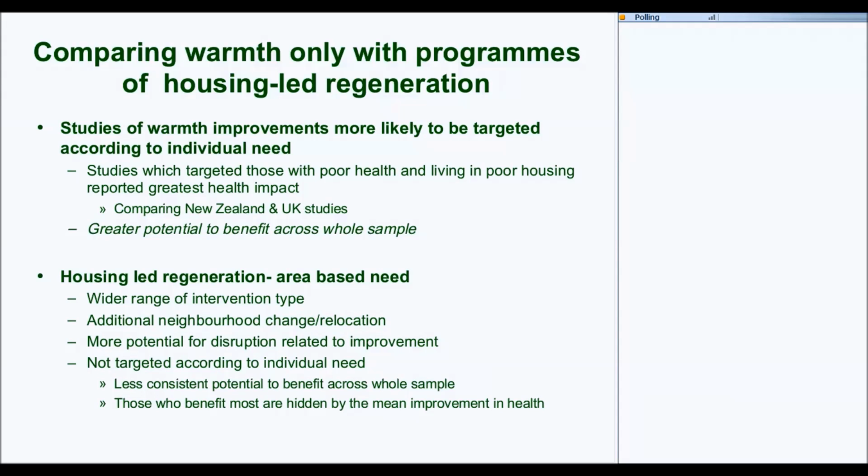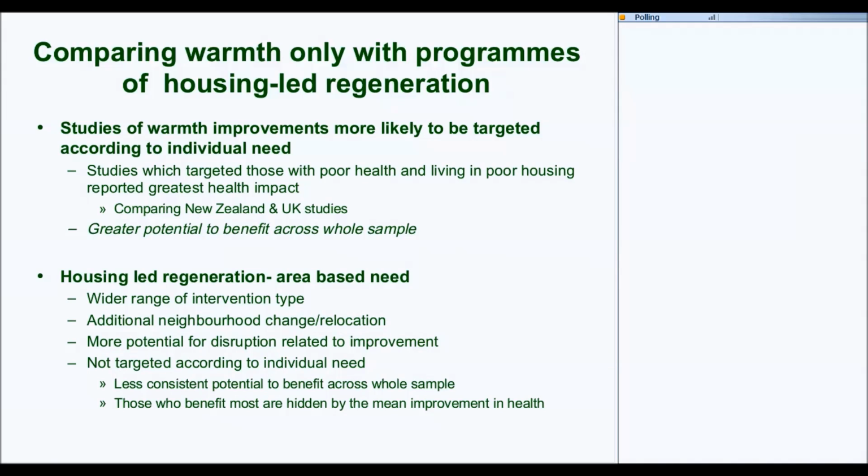And this compares with the area-based programmes where the intervention itself was much more diverse. It probably included warmth improvements for most of the people, but we don't know because the interventions weren't very clearly described. There was probably a lot of other disruption going on within the neighbourhood.